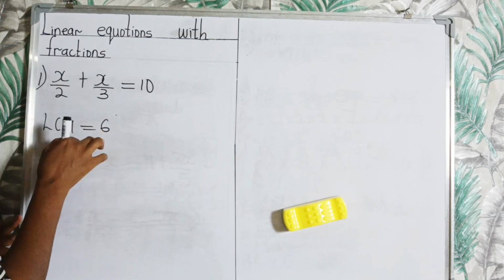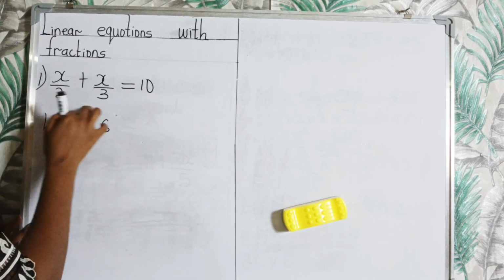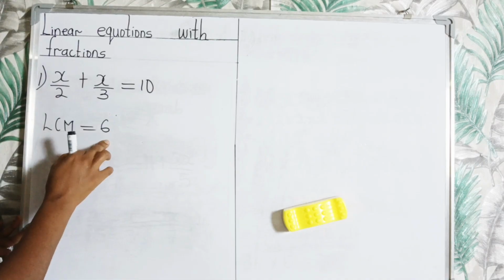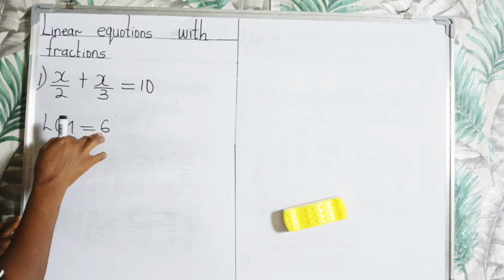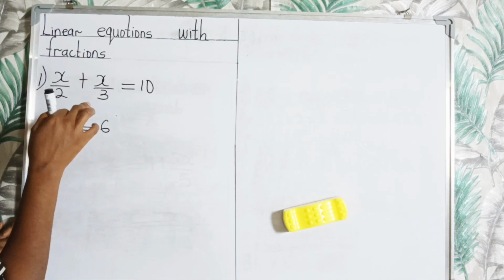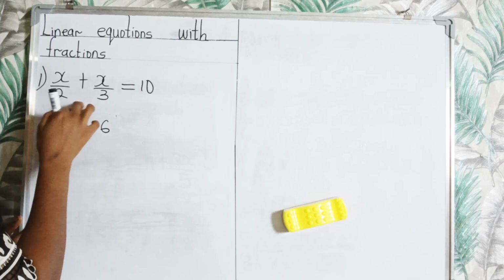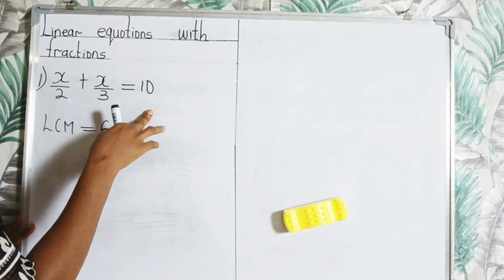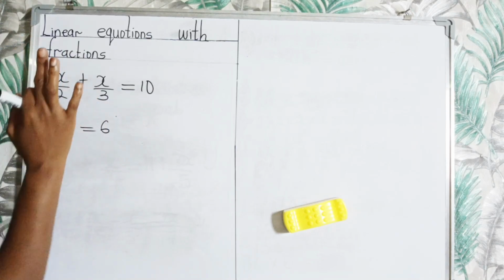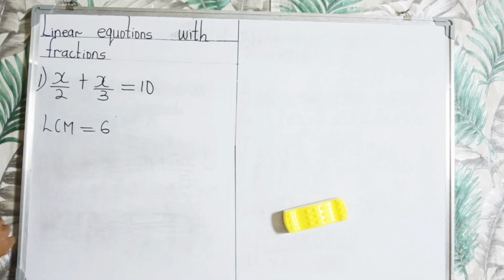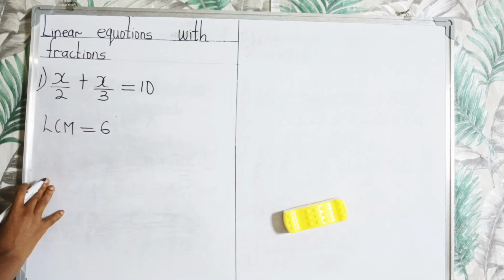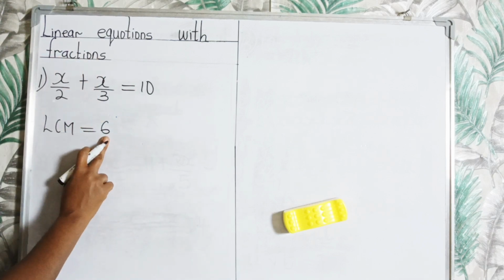So we are going to use 6 and multiply through the equation with 6. Now, why are we going to do this? Doing that is going to help us clear the fraction, and then we can solve this equation. Okay, so let's multiply through the equation with this common denominator.